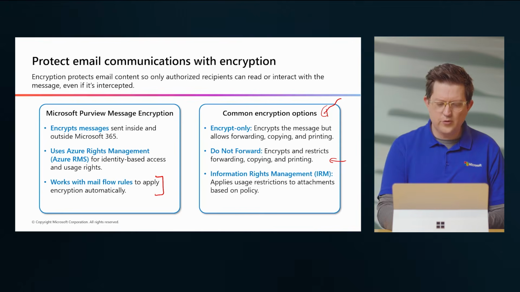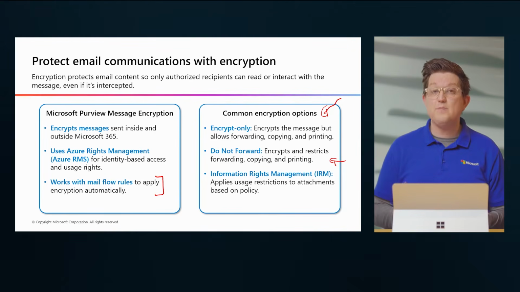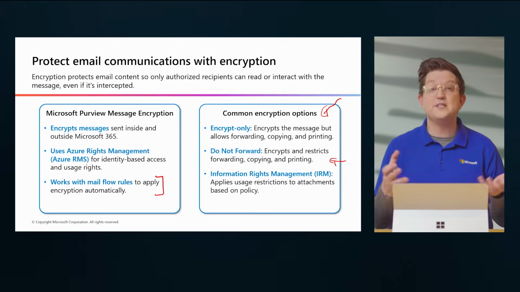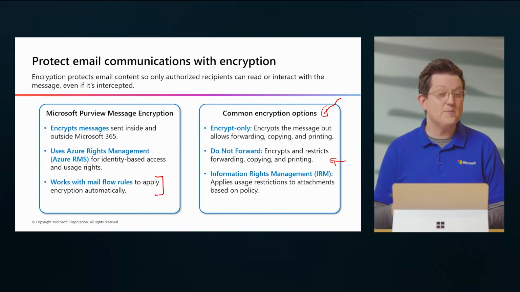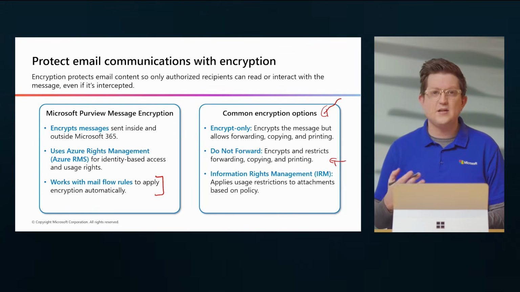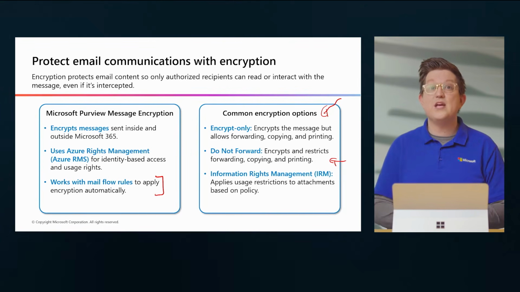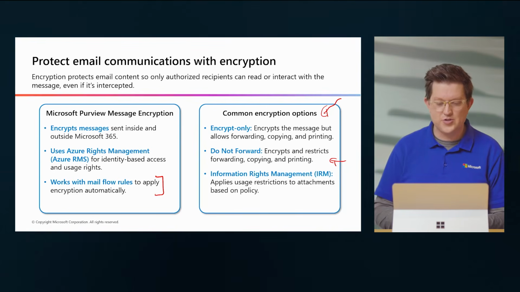But this could also come in the place of a do not forward. If you've ever received an email in your inbox that says, do not forward, this email cannot be forwarded to other people, that's actually being done via the encryption settings. That's a really useful one for things like executive briefs or publications within an organization, something that needs to be shared widely, but then shouldn't be on-shared outside of that initial scope.